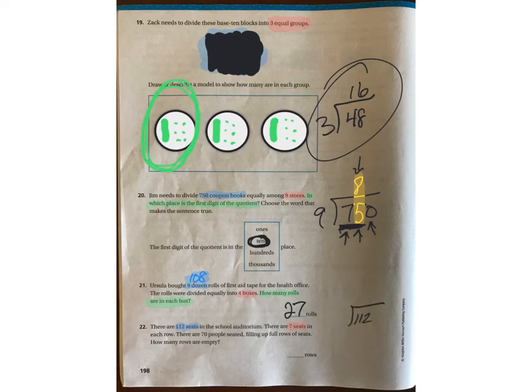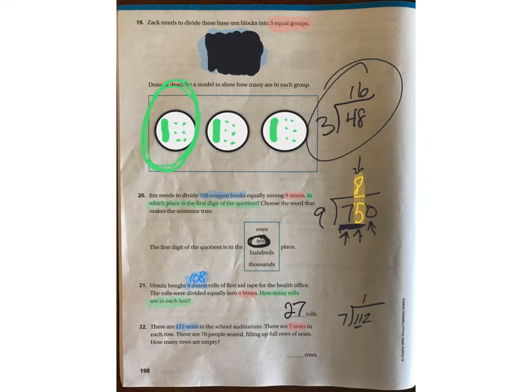So our dividend, 112. How many seats in each row? 7 seats. Now, let's go ahead and solve. Can 100 be divided into 7 groups? Nope, so we're going to have to regroup. Can 11 tens be divided into 7 groups? Sure. So 7 times what gets me close to 11?